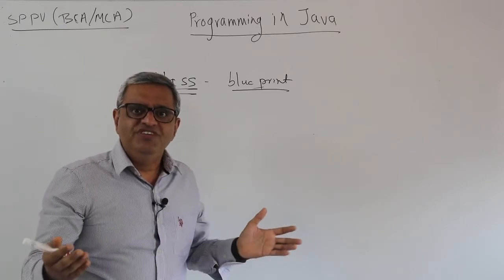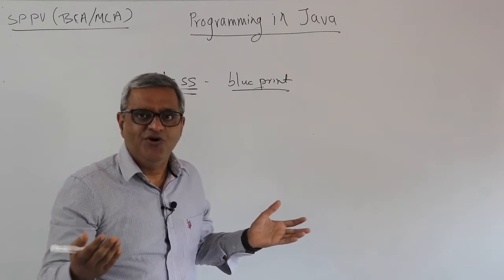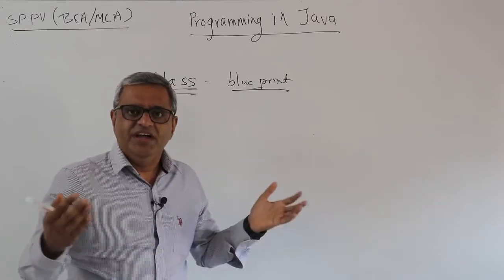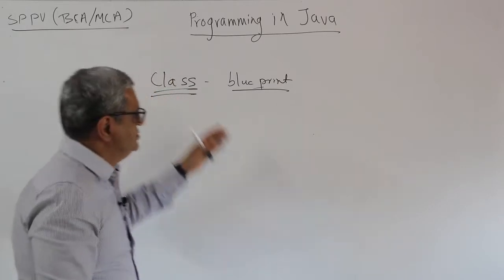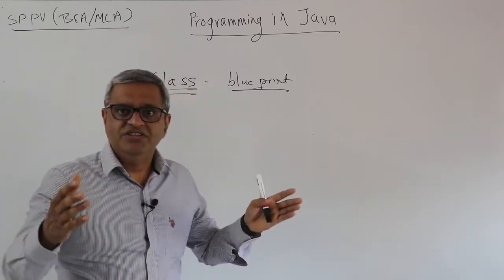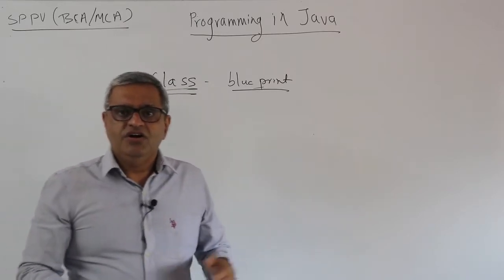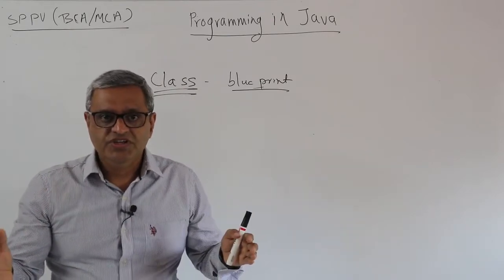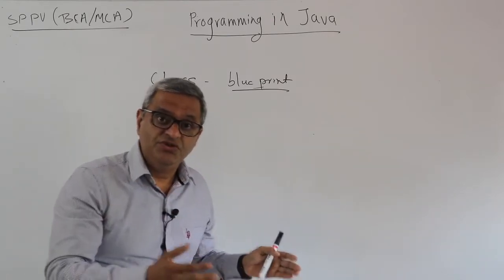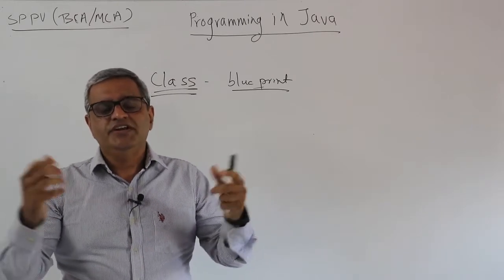If you see a plan developed by an architect of a house, it's a blueprint, right? So class is nothing but a framework, a structure. And a class comprises of different attributes, and also the operations that could be done on those attributes.